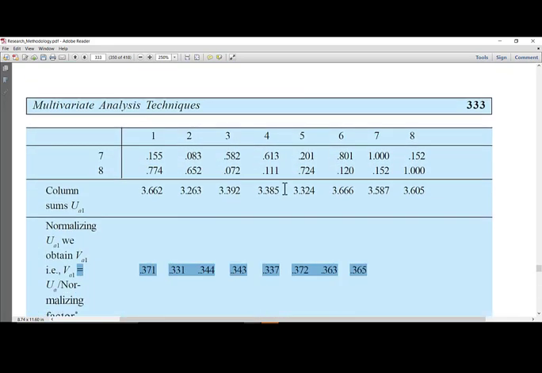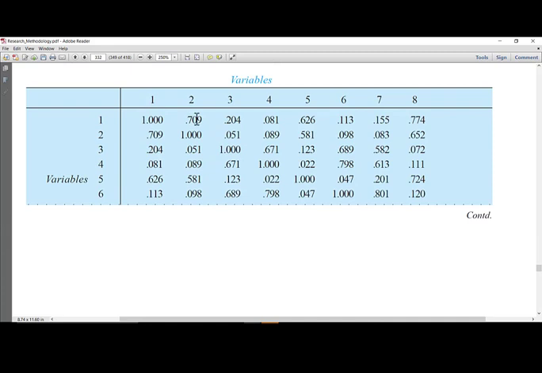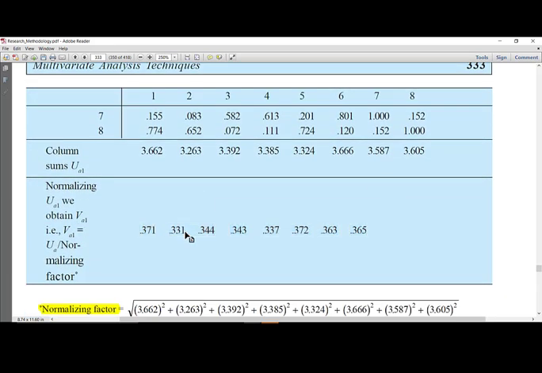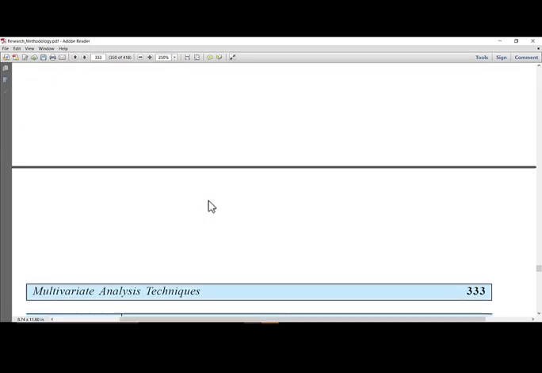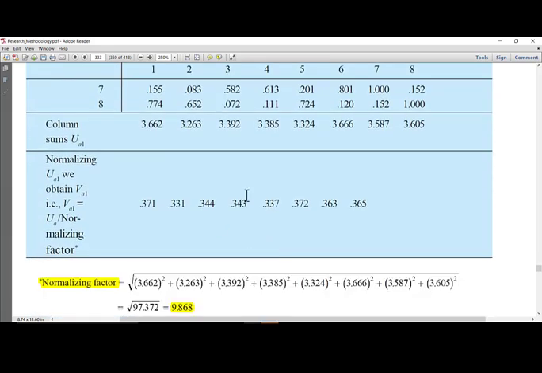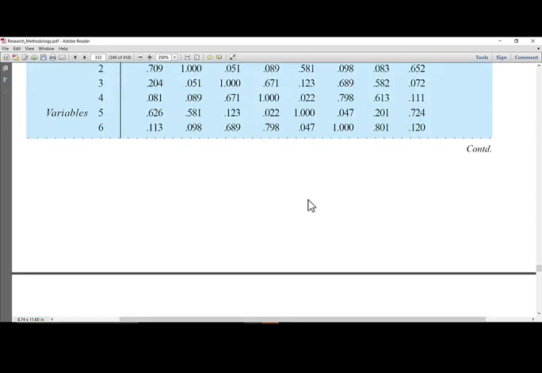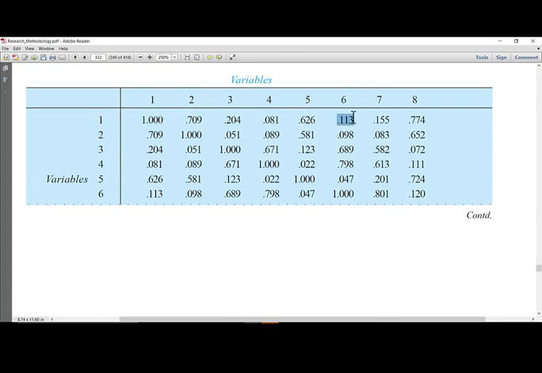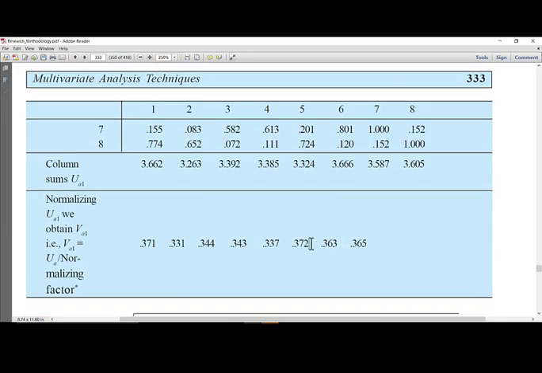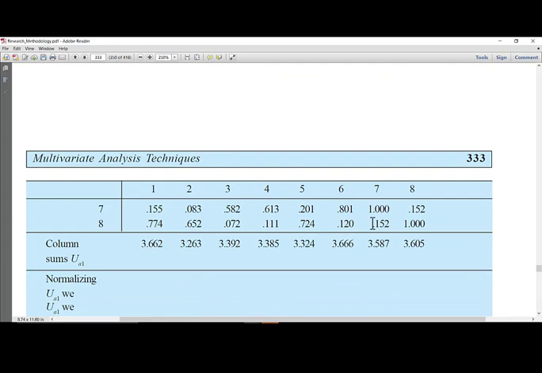So 0.371 multiplied by 1.000 plus 0.709 multiplied by 0.331 plus 0.344 multiplied by 0.204 plus 0.081 multiplied by 0.343 plus 0.337 multiplied by the corresponding element, here the fifth one, 0.626, then plus 0.113 multiplied by 0.372 plus 0.363 multiplied by 0.155 plus 0.774 multiplied by 0.365.